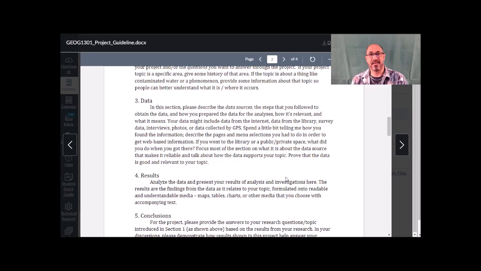Your data section is going to include all of the information and supporting data about your research topic or question. And I also want to know about how you got that information. Don't just tell me what website you went to. Tell me the website that you went to, the pages you went to, how you got there, what did you click on, so that the data gathering can be repeated by another researcher that follows after you.